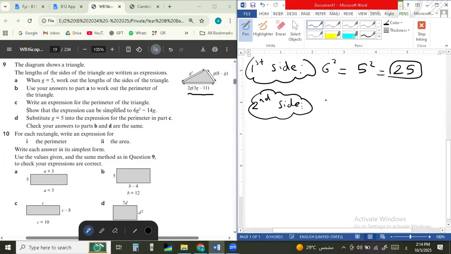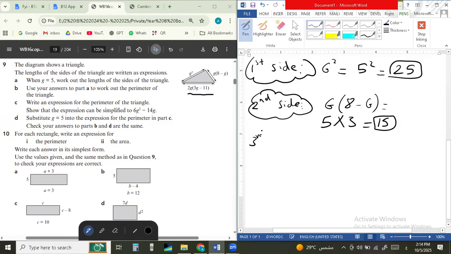Second side. They're saying it is G times 8 minus G, equals, then the G here is 5, they said, which is 5 multiplied by 8 minus 5, which is 3, equals 15.